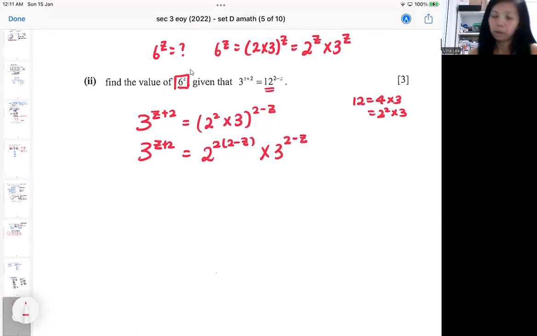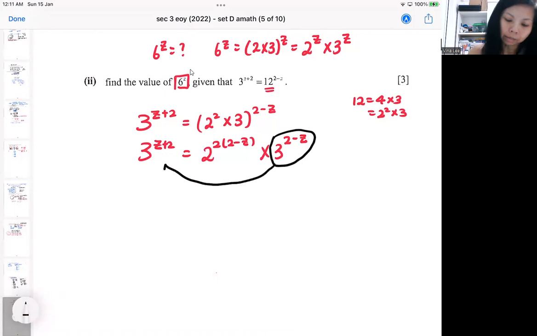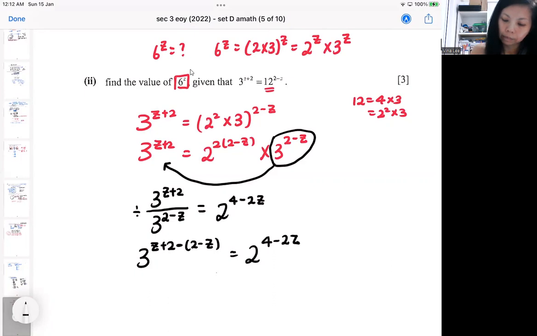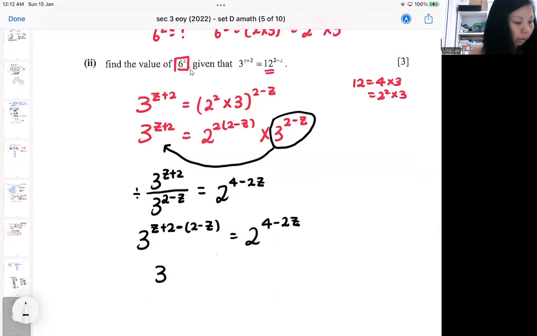You will find it very confusing, but you try to gather the same base together, because if you gather the same base, that will be a same base division. One of the indices rules says that if you are dividing with the same base, you should subtract the powers. If you do that, you should get 2z.